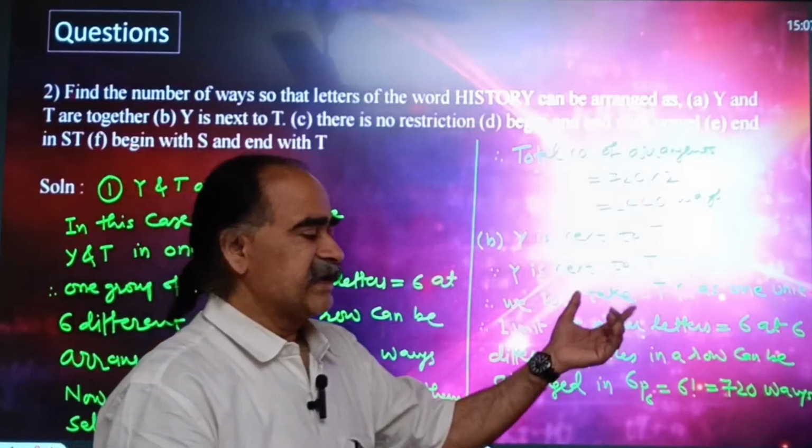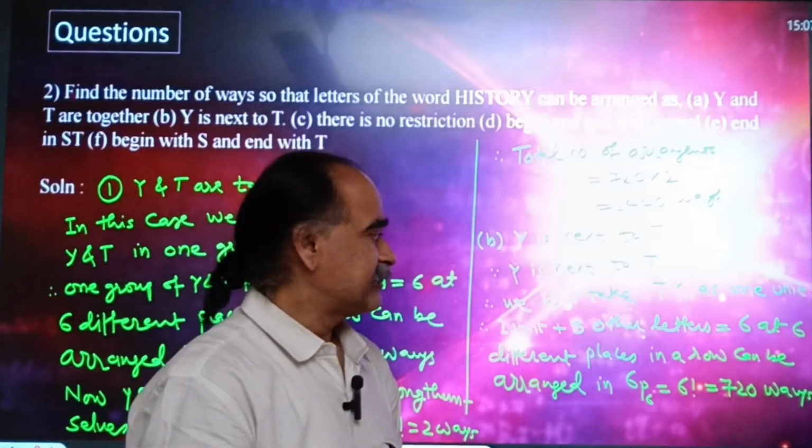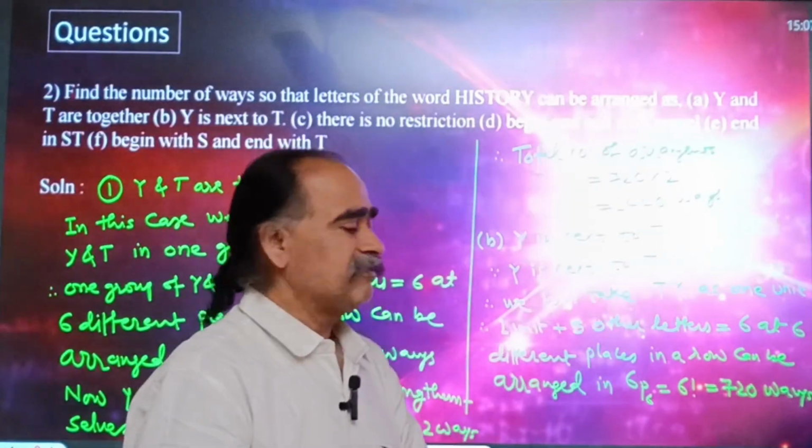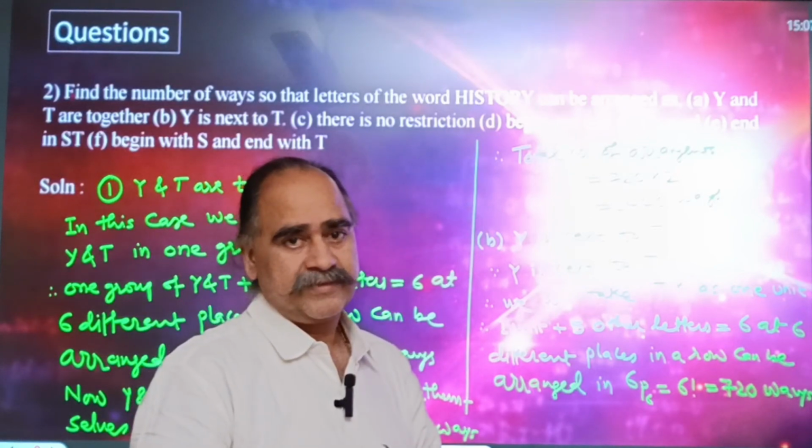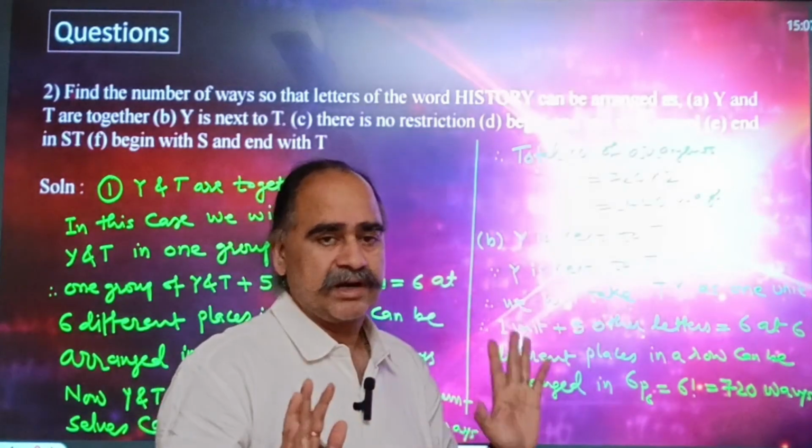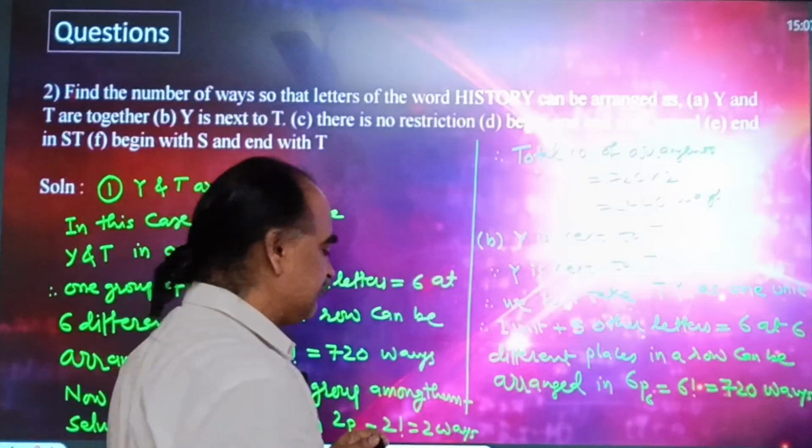In this case, we will not arrange TY, because when we arrange TY, then instead of TY it will become YT. So we need TY only. The total arrangement will be 720.